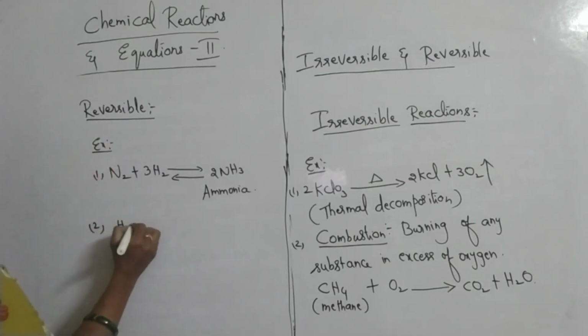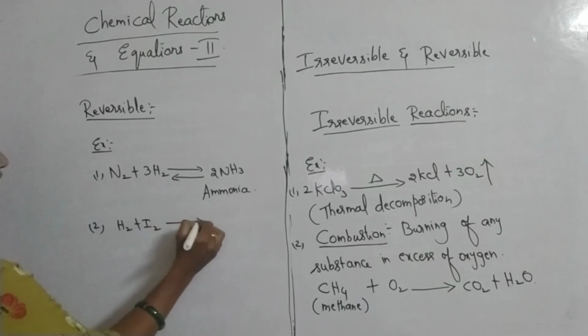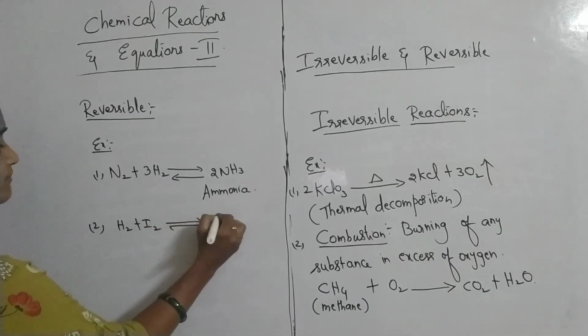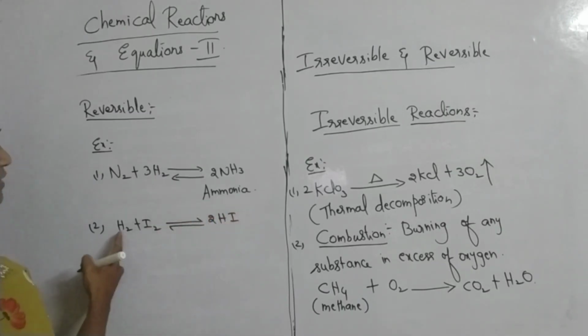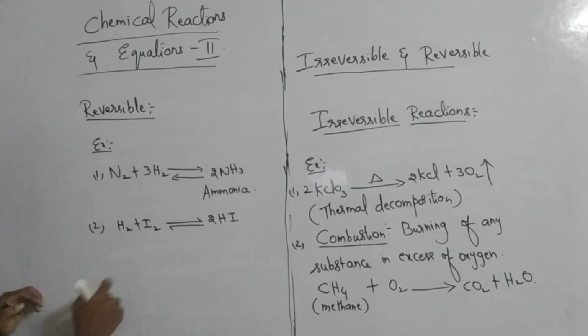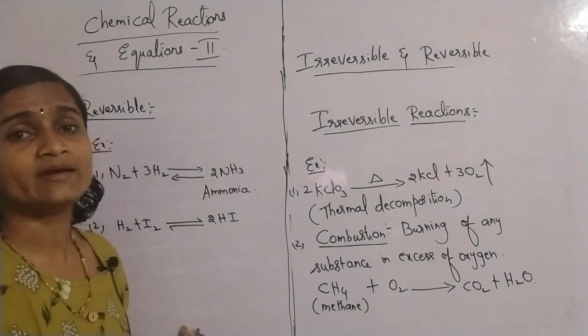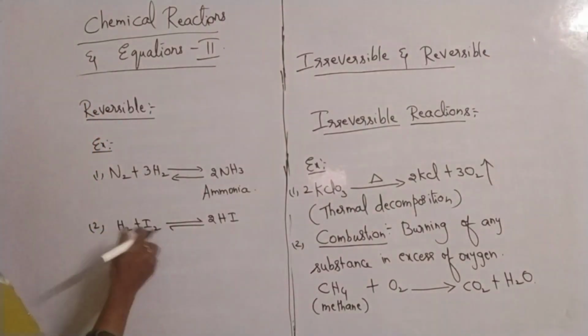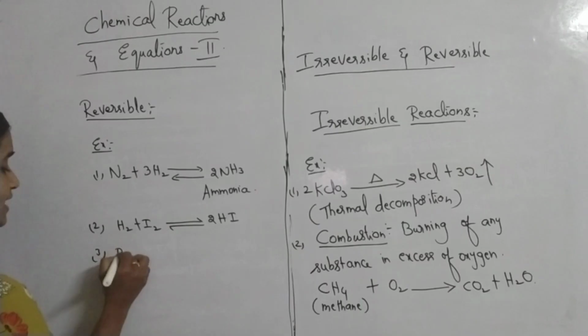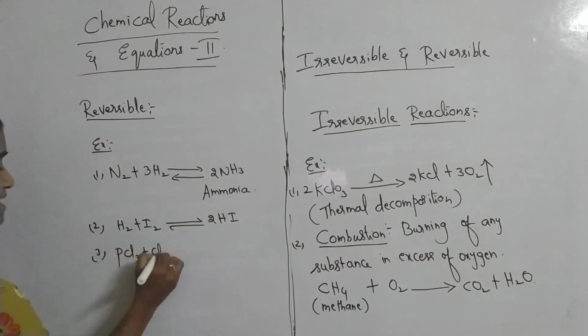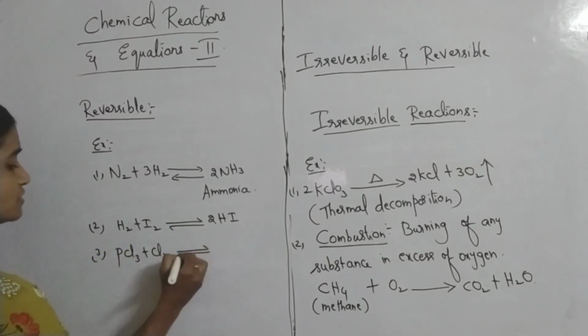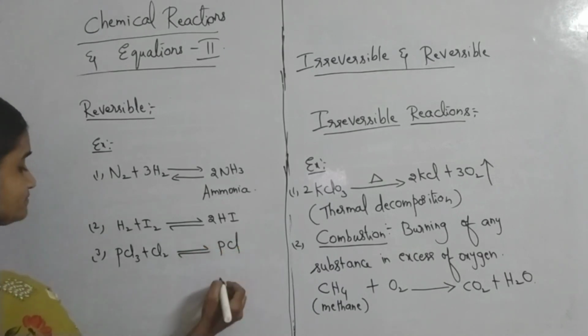Same like that, H2 plus I2 gives rise to 2HI. Hydrogen plus iodine, I2 stands for iodine, gives rise to hydrogen iodide, 2HI. It's a reversible reaction. Even you can take the example of PCl3 plus Cl2 gives rise to PCl5.